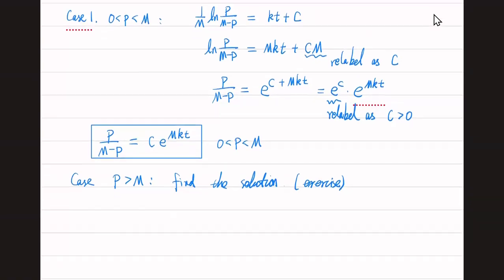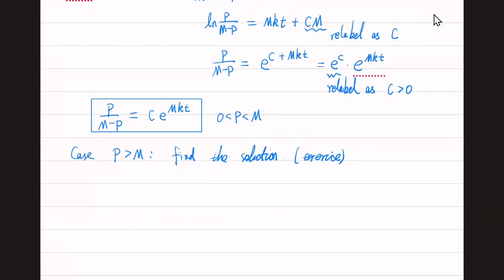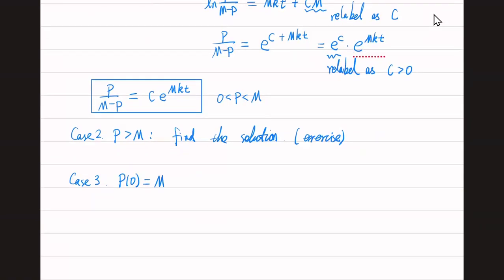This is the very special case. What happens if our initial condition is exactly the capacity? Then let's check the differential equation. What's the derivative at 0?